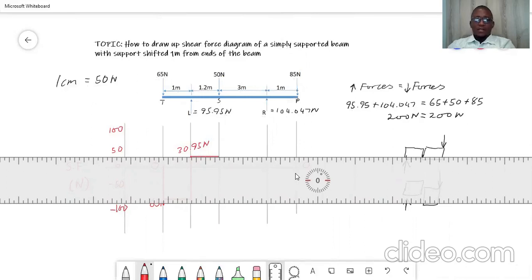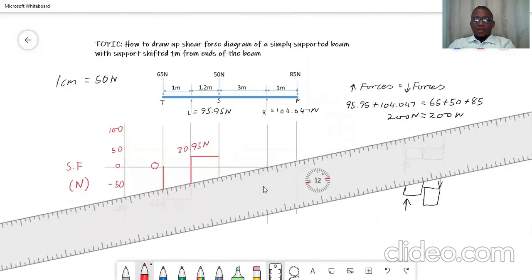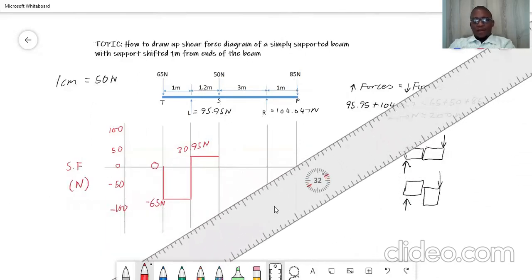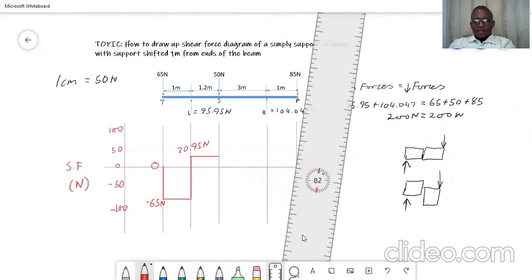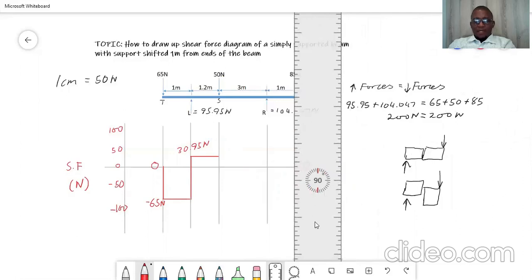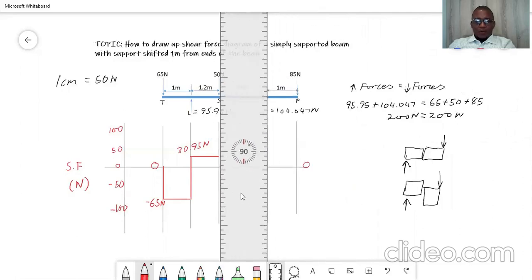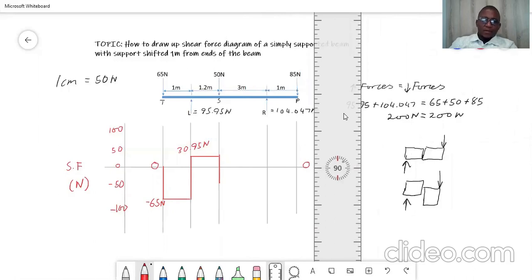So when you get to S, there's a magnitude of 50. So you simply say 30.95 minus 50, and that must give you negative 19.05.